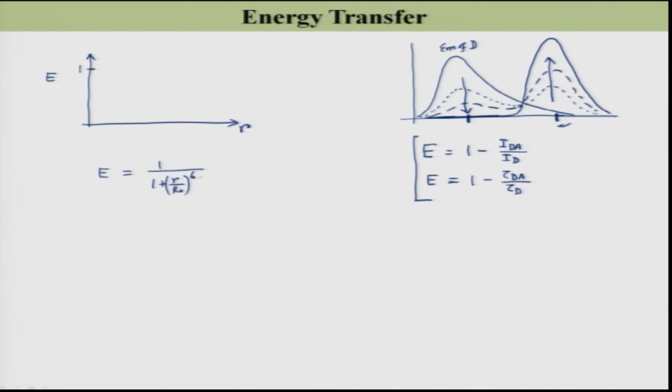And when R equal to R 0, let us take a point over here, where R equal to R 0, in that case R 0 by R 0, that means 1 divided by 2 equal to 0.5. So, here I will get 0.5, here is my point.